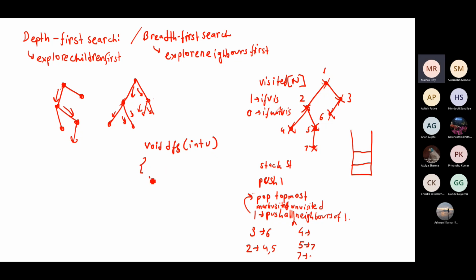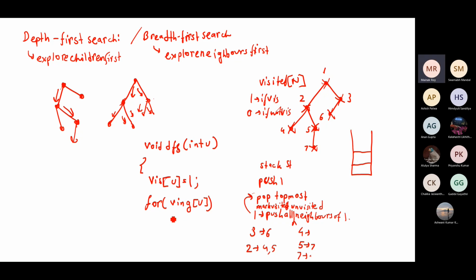In this function we mark u as visited, and then for v in g[u], where g[u], if you remember, is the adjacency list of u, which has all the vertices adjacent to u.